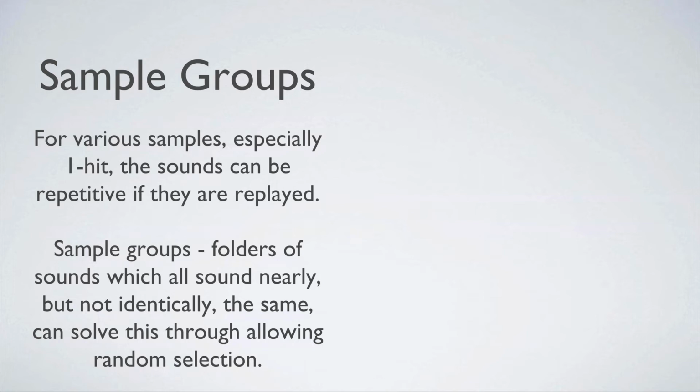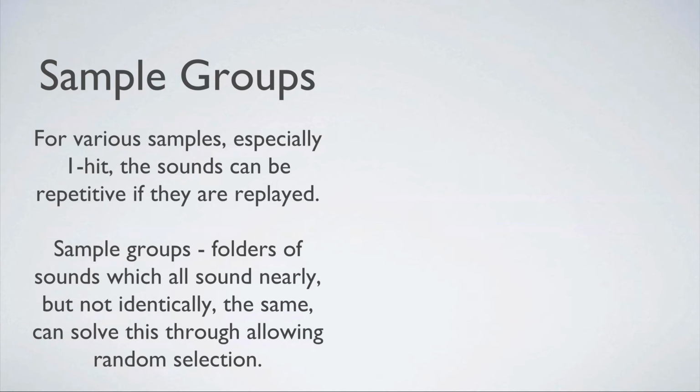So they might be the same plucks of the guitar that we just heard, but they're not identical. They're different recordings, so they sound similar but not the same. And because they sound similar but not the same, they give a certain variation that can be quite nice, quite realistic.